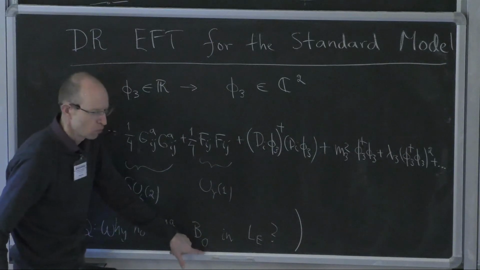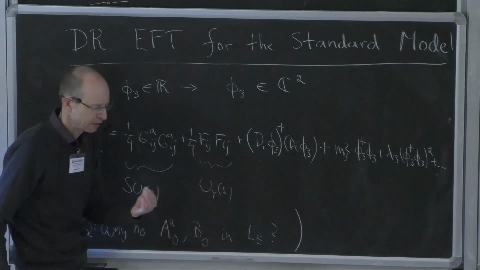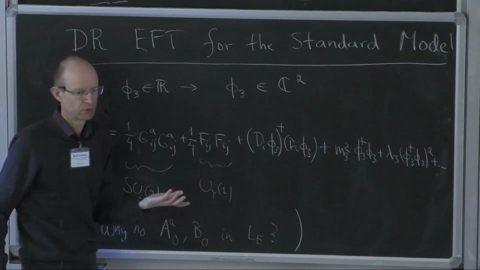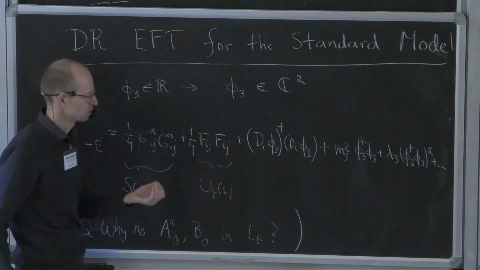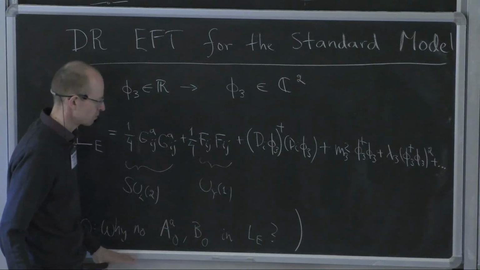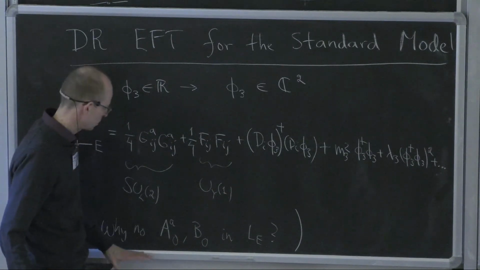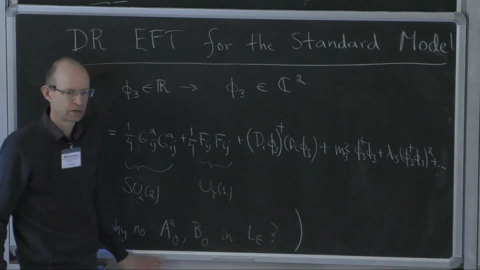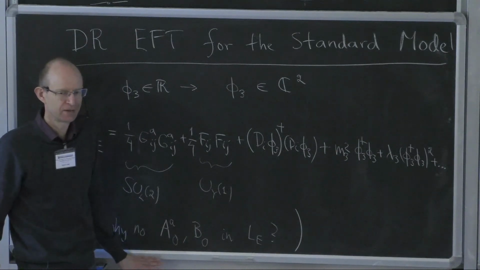These are the zero components, but they can't be constant in time. There's nothing which prevents that. So somehow they should appear here. It's a good question, and there's an interesting answer, and we hope to come back to that interesting answer in the very last lecture briefly, if we have time.